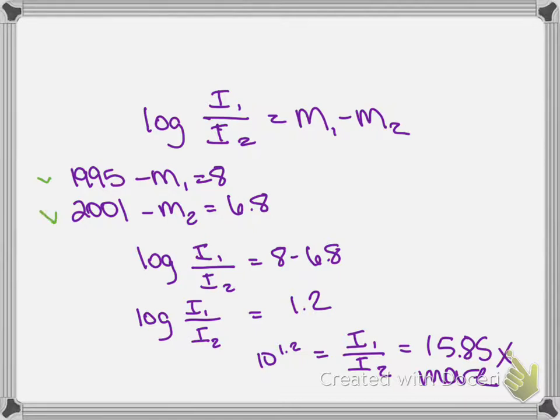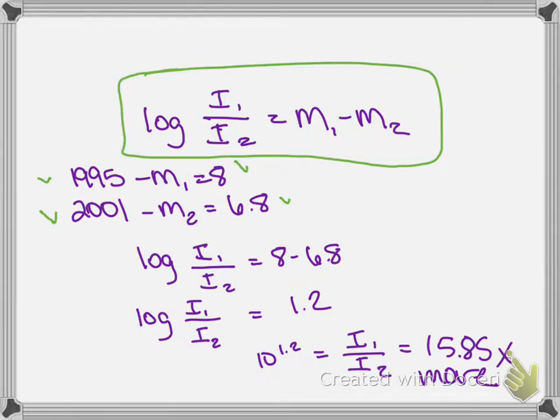We know that the initial earthquake was 8.0 and the second one was 6.8. So the log is the ratio. They give you this, that the log of the ratio is equal to the difference of the magnitudes. So we know that the magnitude difference is 1.2.